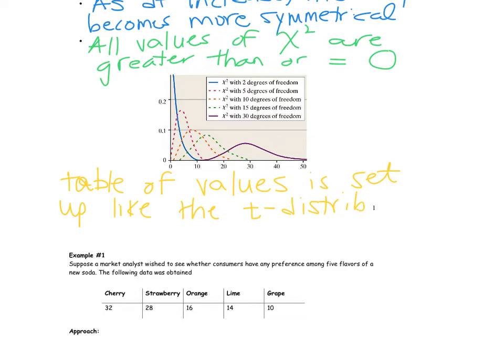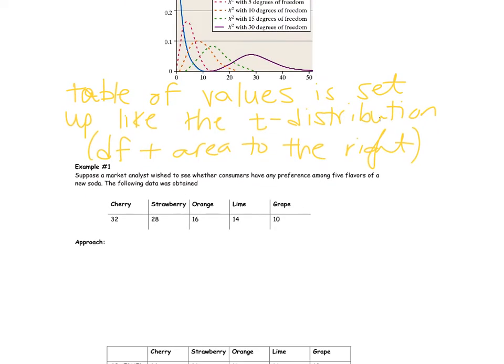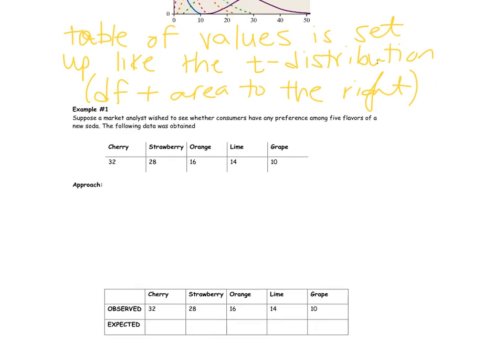So that means on that far left column you have the degrees of freedom, and then the top row is area to the right. Okay, and then you just match everything up and you have your chi-squared value.